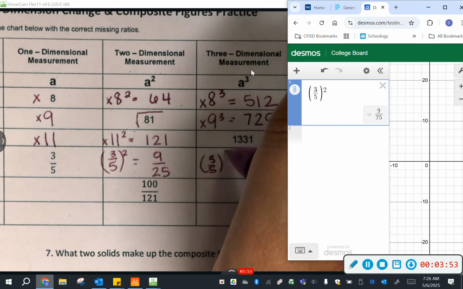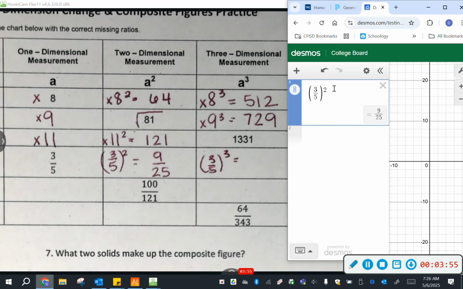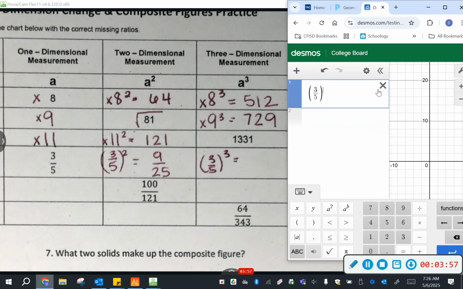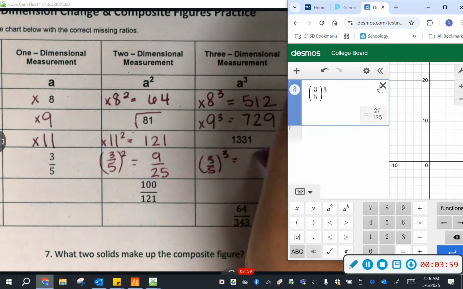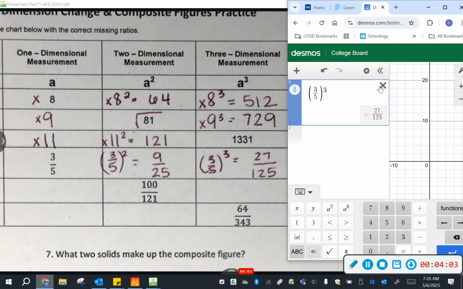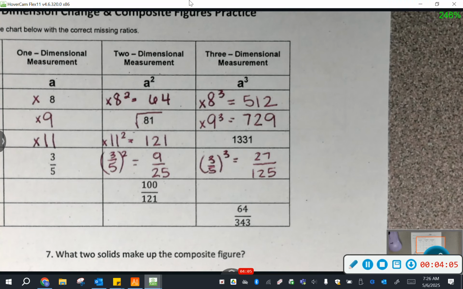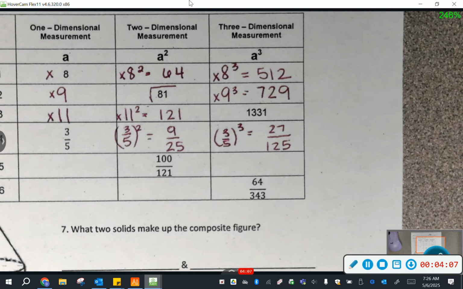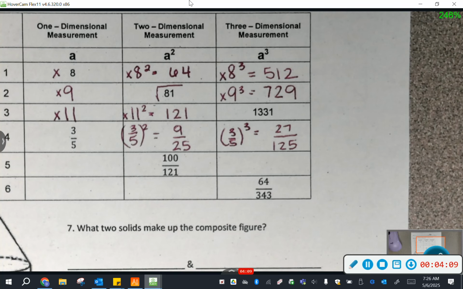And 3 over 5 cubed. So I'm going to change this squared to a cubed. 27 over 125. If you don't have this written down, can you please write it down?